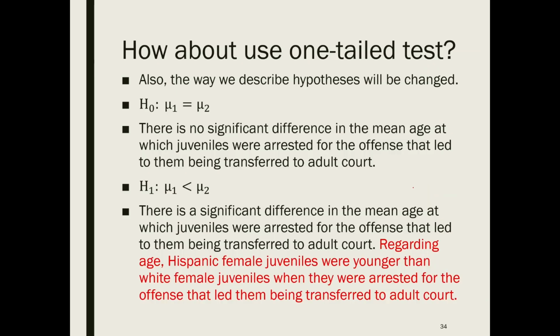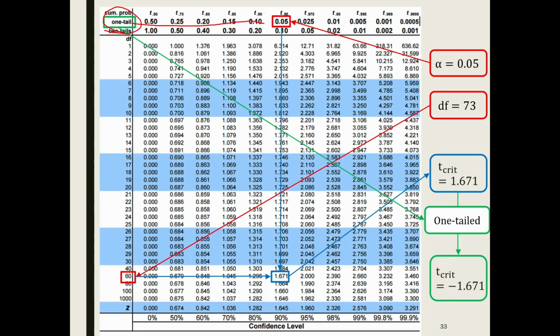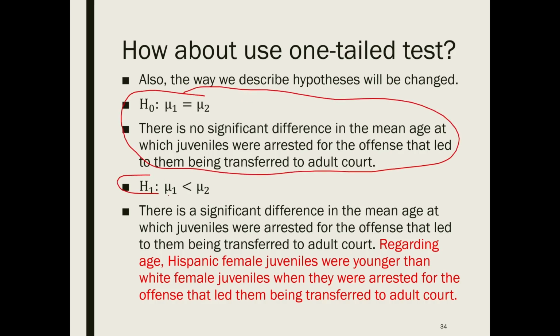So if you mark it later, you will see, I will show you in a few slides. But this is the negative side, so the way we describe the hypothesis will be a little bit changed. The null hypothesis is not going to be changed, but the alternative hypothesis will be mu1 less than mu2, because mu1 is younger than mu2.